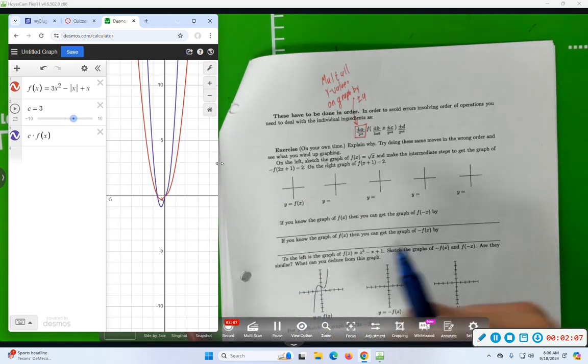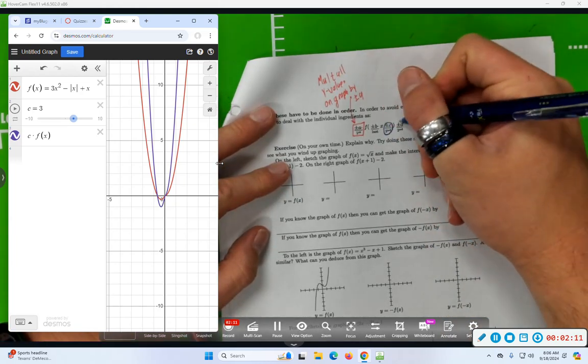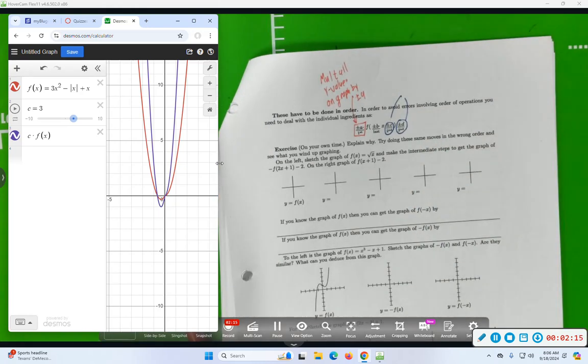The next things to deal with, and both of these are at the same step, because in fact it doesn't really matter what order you deal with these two in. What happens when you add a number to the input and then you add a number to the output value of a function? It can go up or down, left or right.